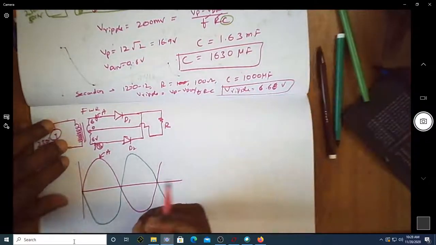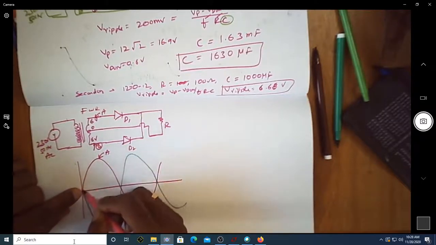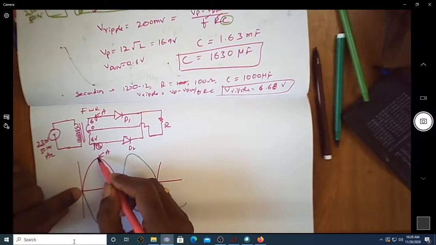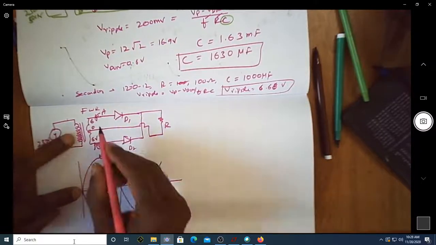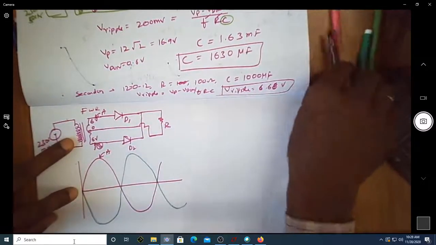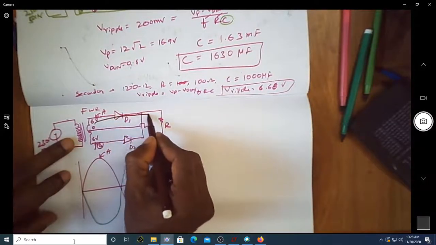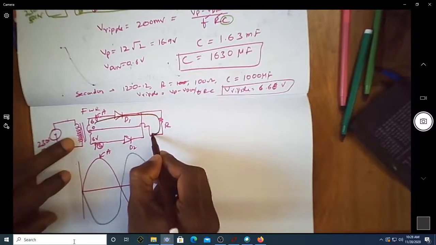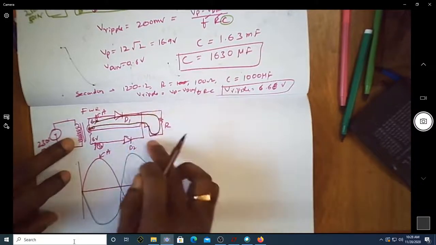Now you can see when the input at A is going high, the diode D1 is on. Since D1 is on, the current flows this way because D1 is forward biased, and then it goes back from here and completes its path. So this is the path.